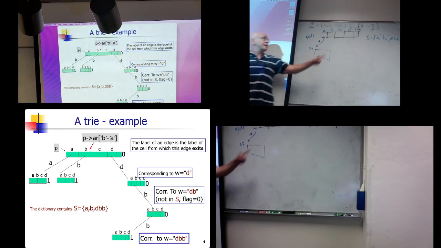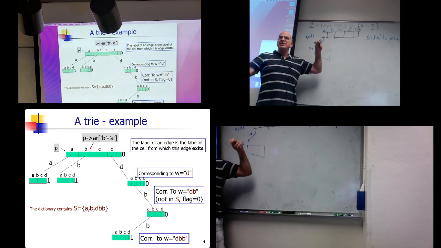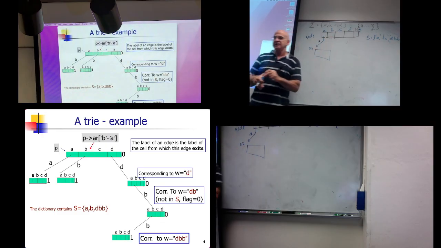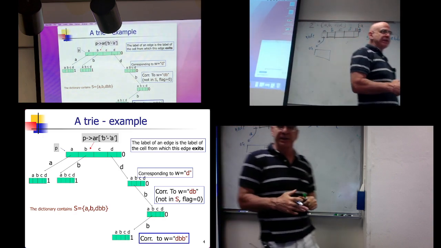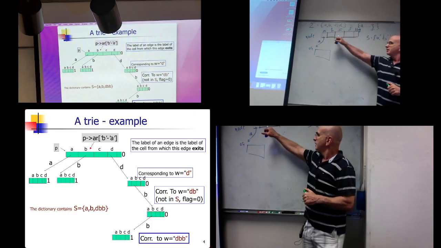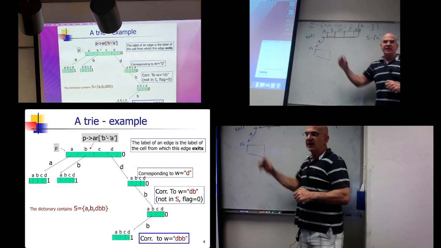If it leaves the cell of B, then I'll imagine that there is a label B associated with this. I mean, I don't really need to store it anywhere. When I'm trying to understand for a node what this node represents, at this moment I'll ask what is the path that leads to this node, and that's the point where I'm doing this mental trick of thinking what's the label of the edge.